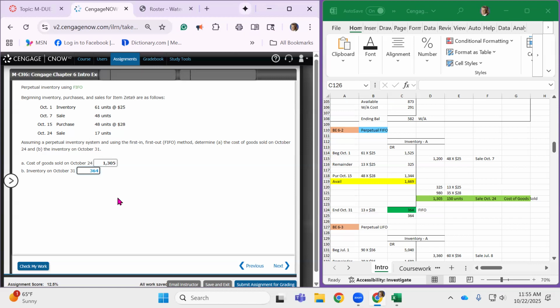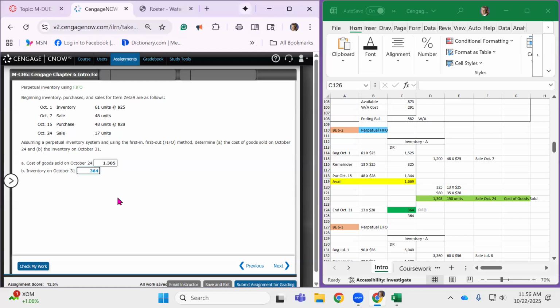We're going to sell 48 out of 61, all at the $25 cost. So out of here goes $1,200 for that sale. And then we have a remainder. I like to put a remainder down. We have 13 remaining at the $25 cost. So after that sale, we had this much remaining.